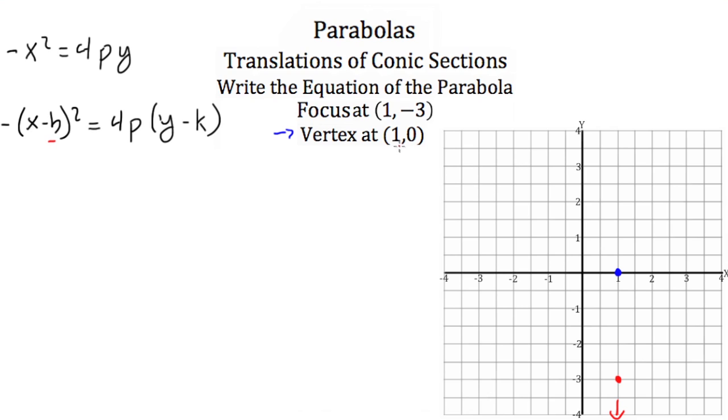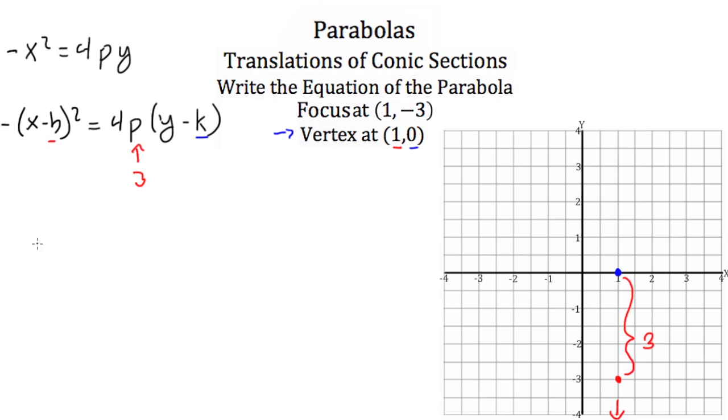H is 1 and k is 0 because h and k are just the coordinates of our vertex. I can also find my value of p. Remember, the value of p tells us the distance between our vertex and our focus. Well, this distance here is 3. So that means p is equal to 3.